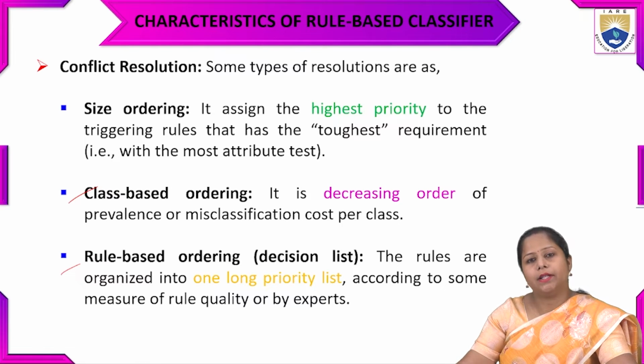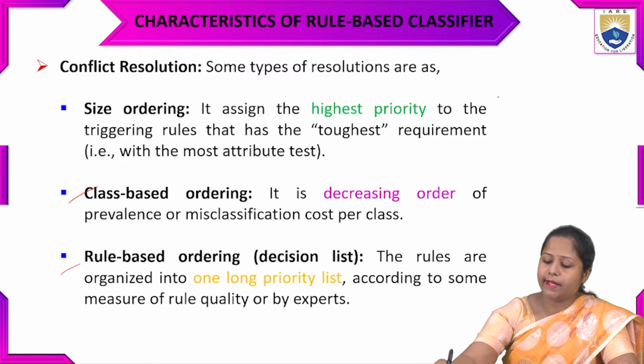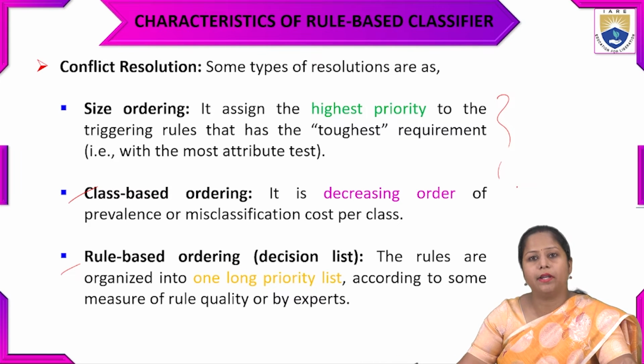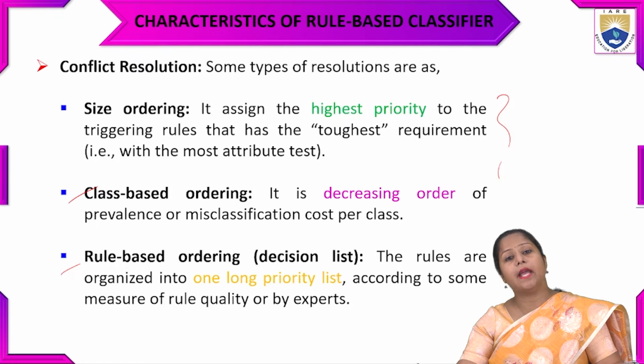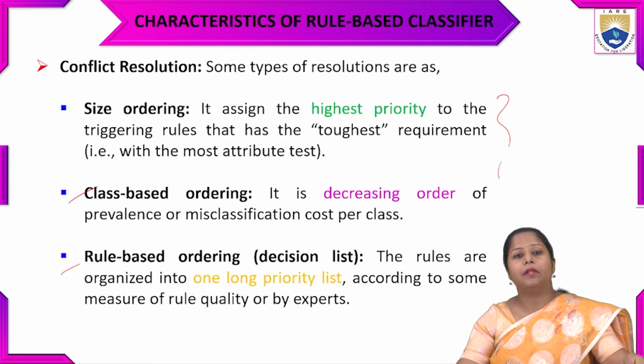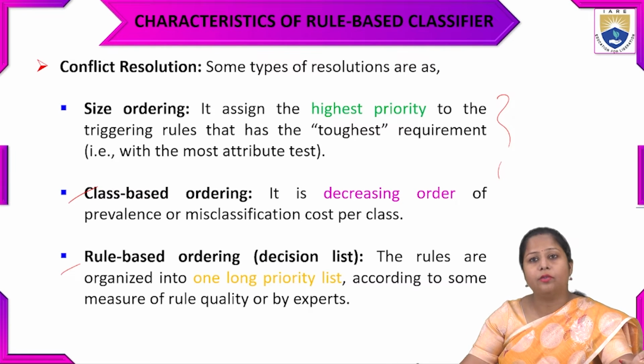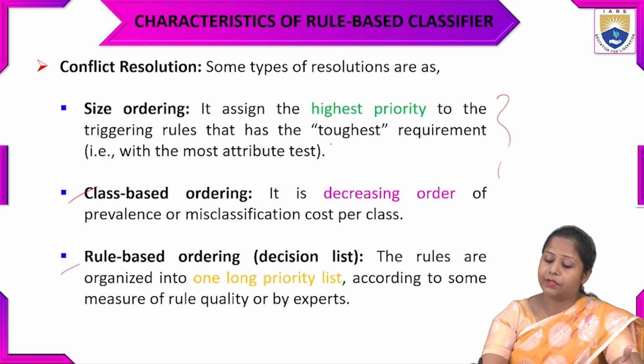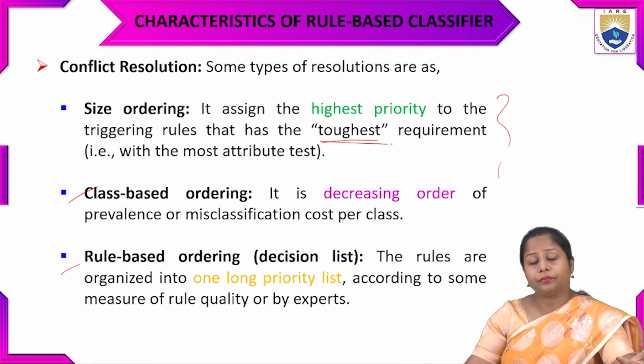But what is size ordering? It assigns the highest priority to the triggering rules, that is, the rules covered by that particular tuple or record. That rule has the toughest requirement. What is toughness? Toughness is the highest priority of that particular rule for that tuple.